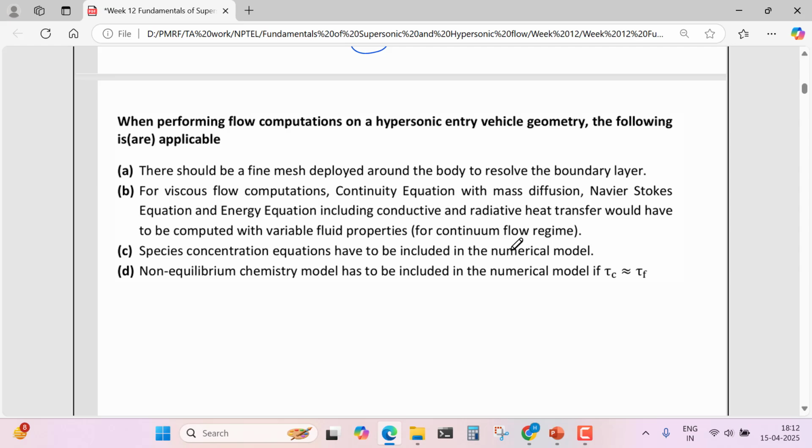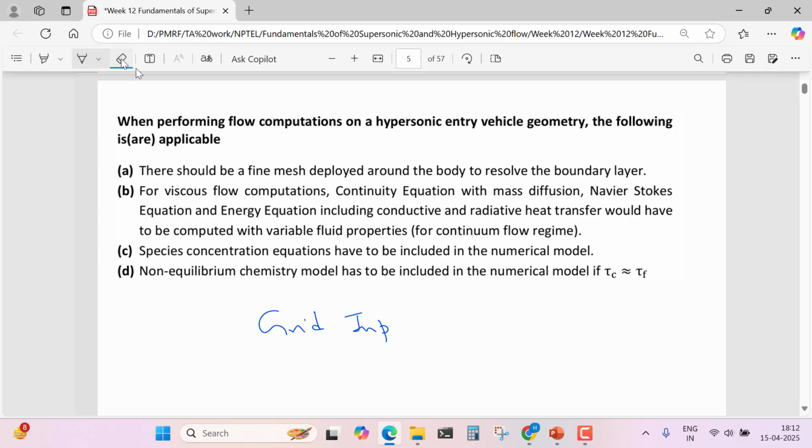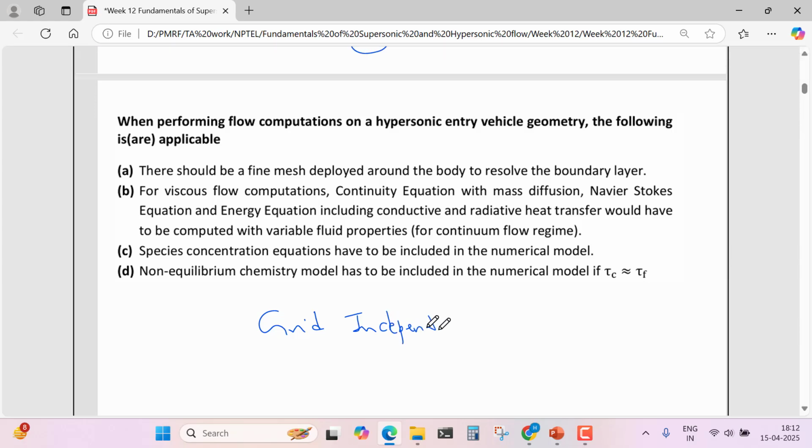We'll check all these options one by one. First option, there should be a fine mesh deployed around the body to resolve the boundary layer. The mesh should be fine, and to check the mesh we also do a grid independence study.